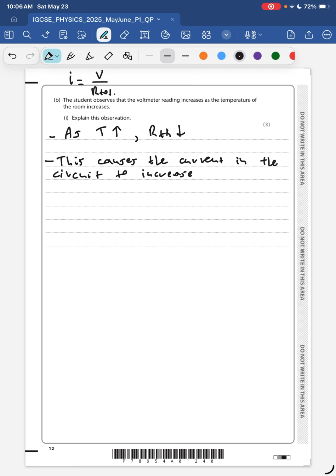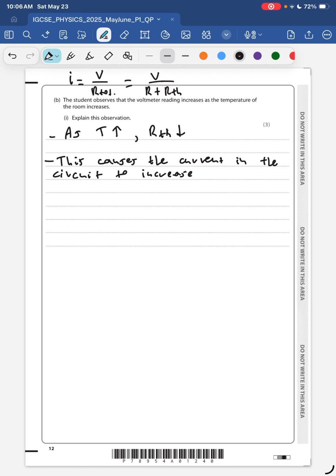So the total resistance is R plus R of the thermistor. So if the R of the thermistor decreases, the current increases.